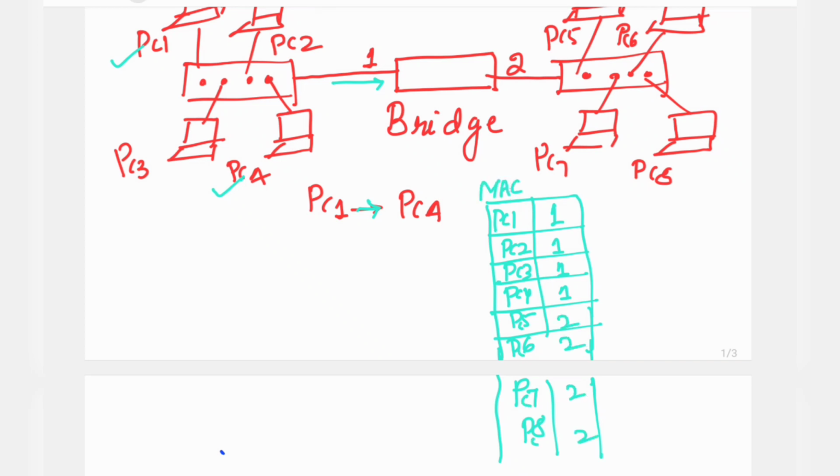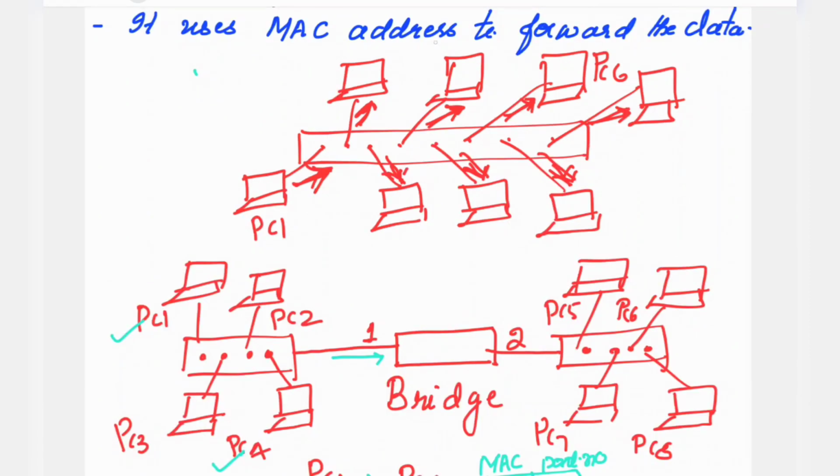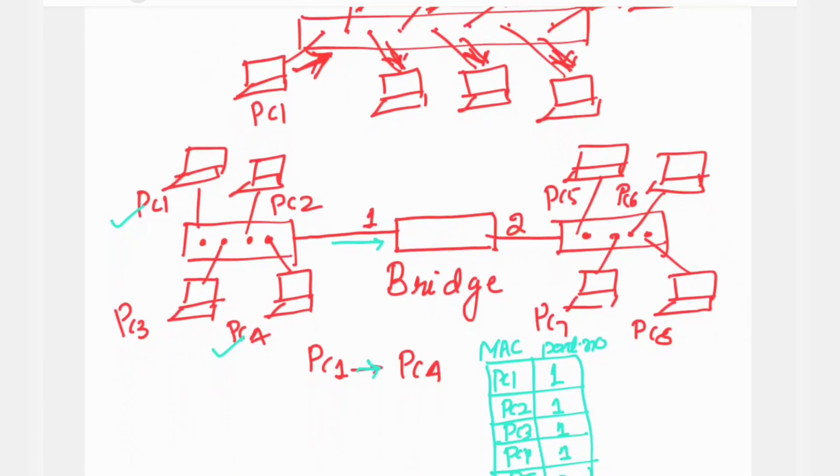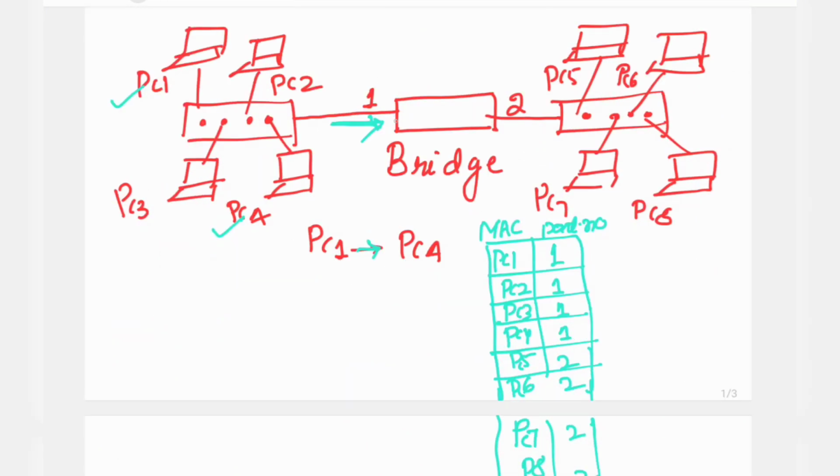Let me write the column headings: the MAC addresses of all these PCs and the port number to which they are connected. It uses the MAC address to forward the data. PC1 sending to PC4, the bridge refers to the MAC address and decides that this PC is in this part of the network itself, so there is no need to forward.